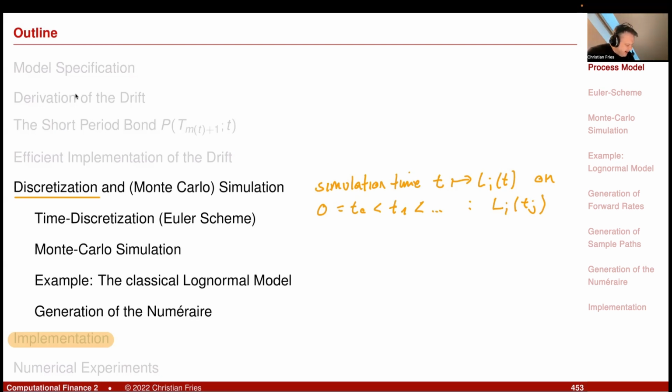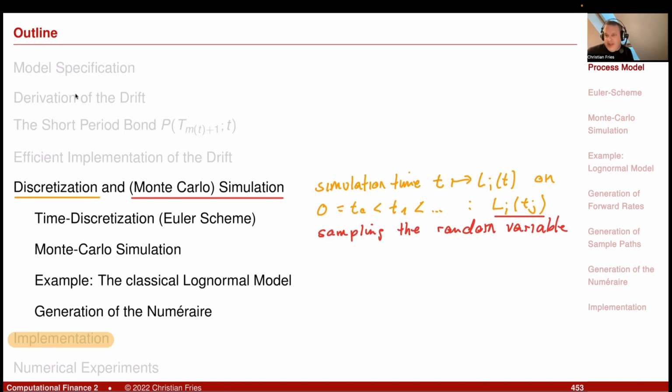And Monte Carlo simulation then refers to sampling the random variable. Which random variable? Of course, the random variable Li of Tj. So L is an interest rate curve. Li's for the different i's is a vector of stochastic processes.